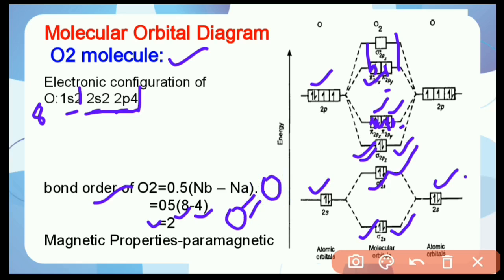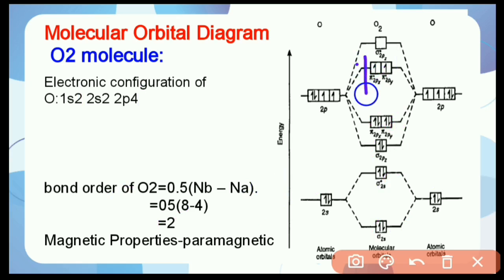And when we see the molecular orbitals, there are 2 unpaired electrons, so its magnetic property is paramagnetic. And here the p orbital arrangement is 1 2 2 1.